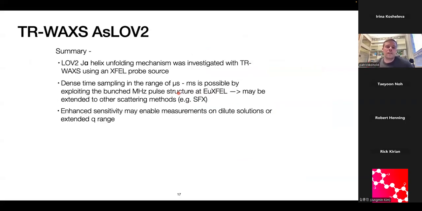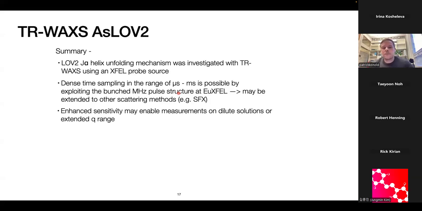So just to summarize, we investigated the LOV2 or AsLOV2 J alpha helix unfolding mechanism with transient WAXS by applying an XFEL probe source. In this way, we could achieve dense time sampling in the microsecond to millisecond range by exploiting this bunch pulse structure, as I mentioned.